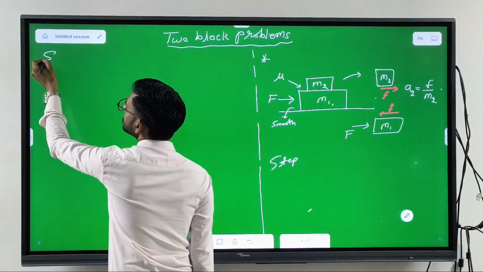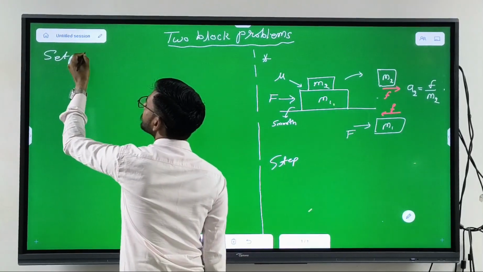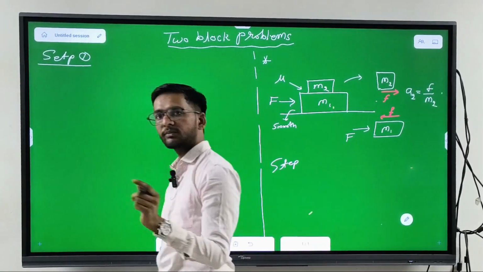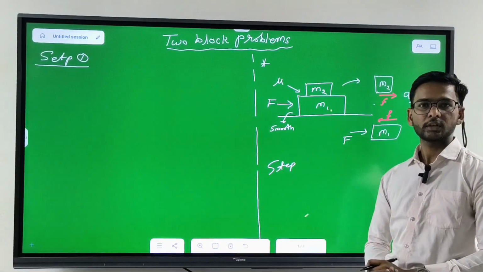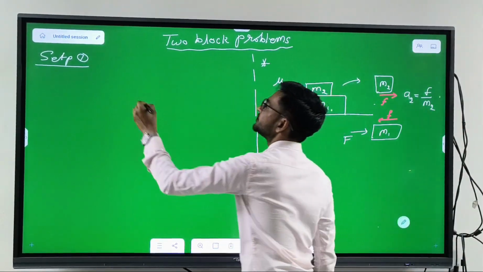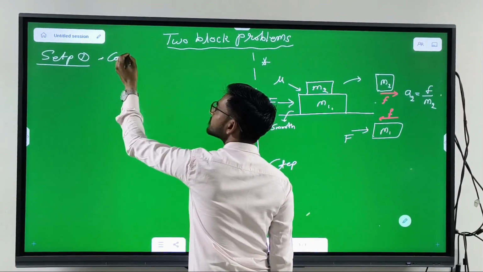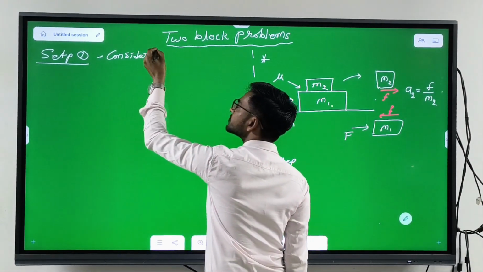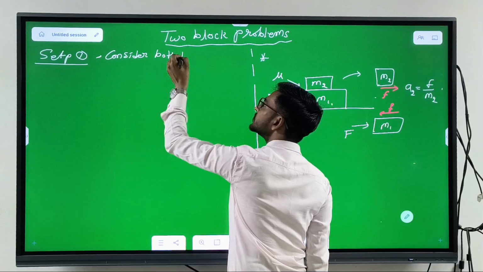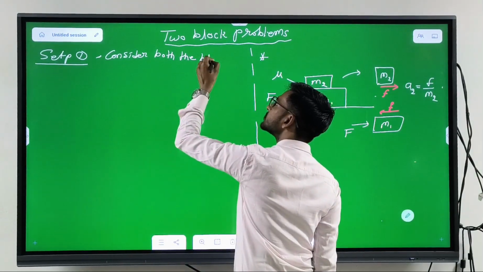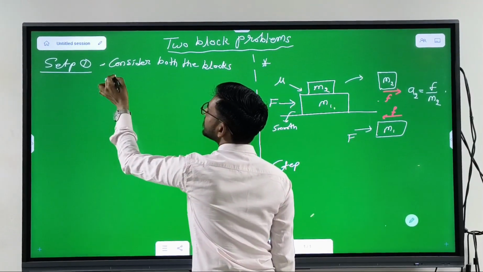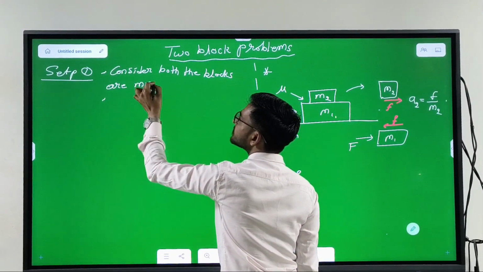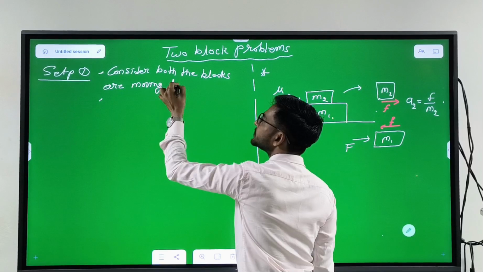Step number one: consider both the blocks are moving together.